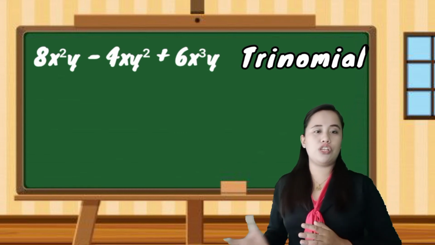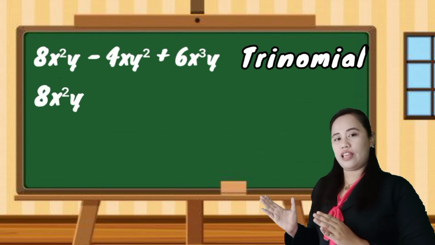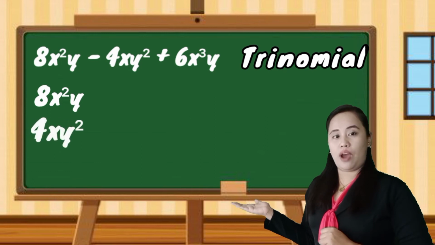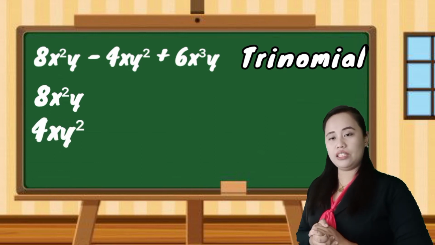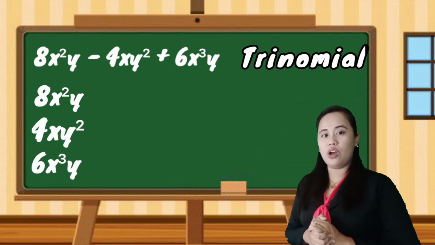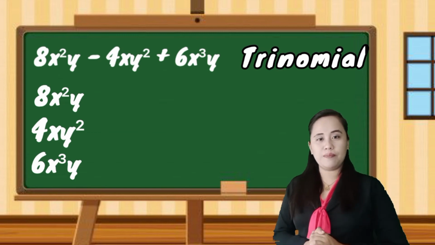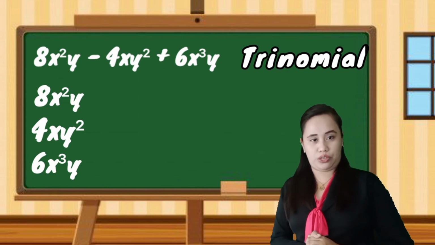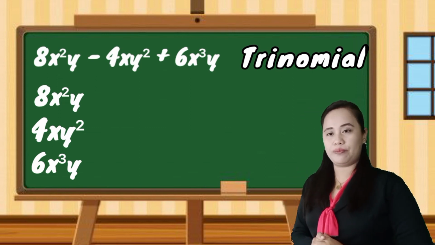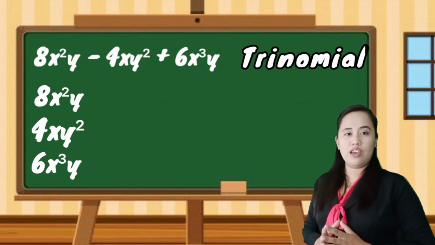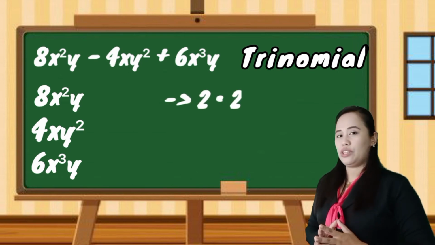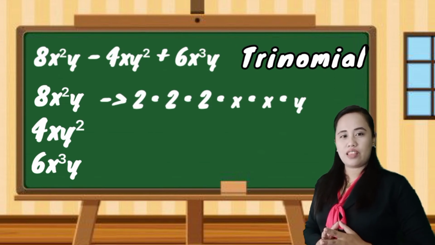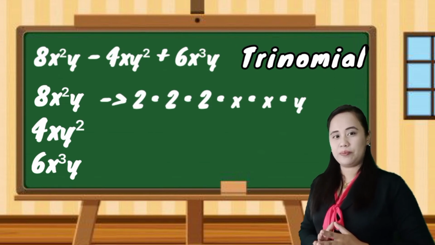So what are those terms? We have 8x squared y, negative 4xy squared, and positive 6x cubed y. Okay? Now, let us try to find out the prime factors of each term. For 8x squared y, we have 2 times 2 times 2 times x times x times y.